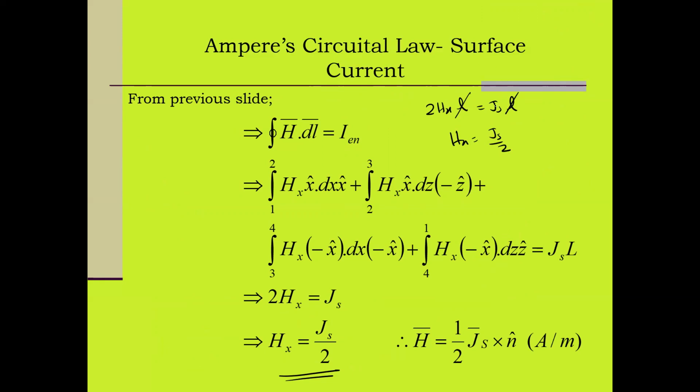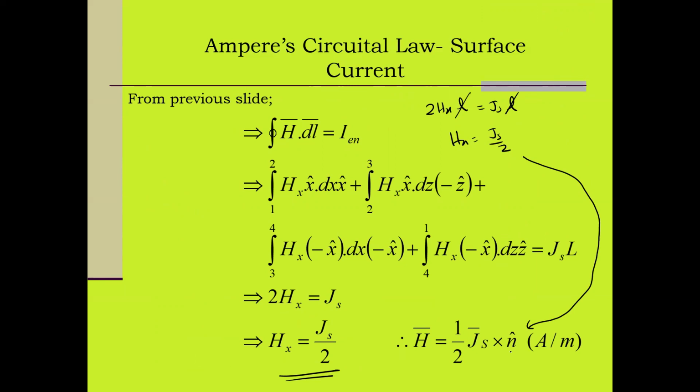Following this, we can simply say that if we are facing a problem of an infinite area of surface current, the H field intensity can be calculated using this equation, where the H field intensity is equal to half of the Js vector cross the n unit vector.